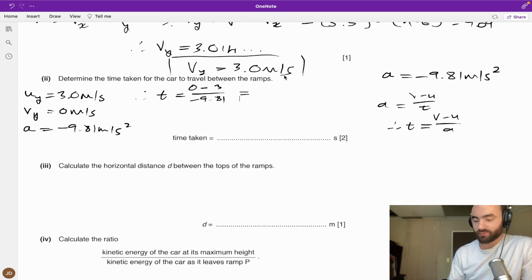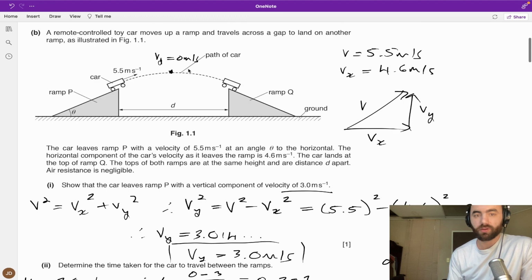That gives us minus 3 divided by minus 9.81. I kept it in this exact form on my calculator, and I got 0.307 seconds. Right? But that's to the middle.